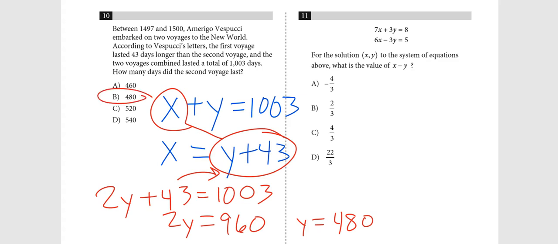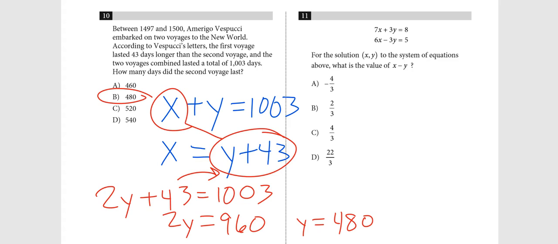Yes, and check. I just said 1003 minus 43 divided by 2. 480 plus 480 plus 43 equals 1,003. I guess you could just cut it in half and then figure out the value from there. Yeah, if you do 1003 minus 43, that's what I did.